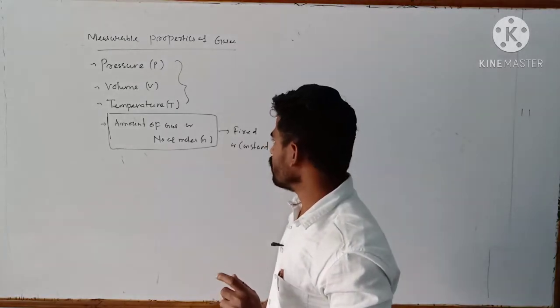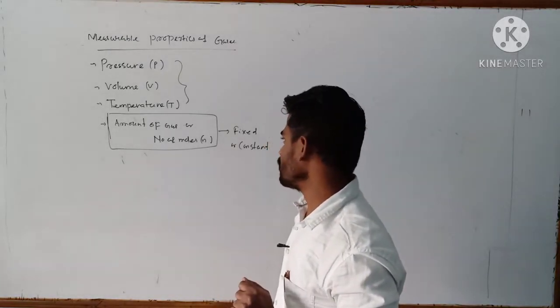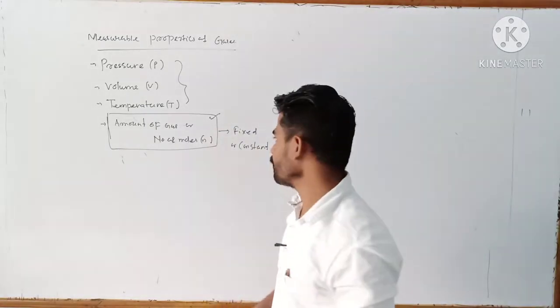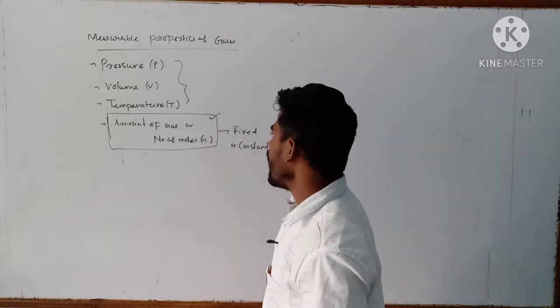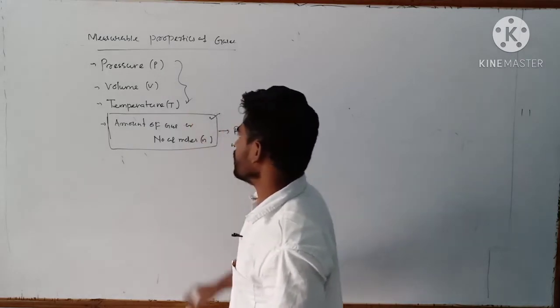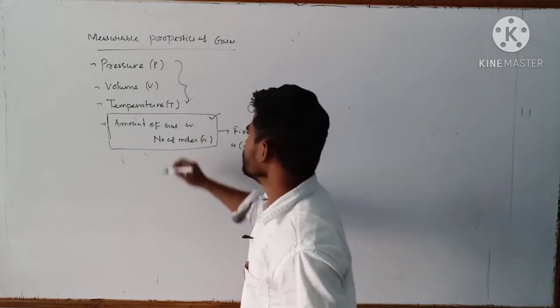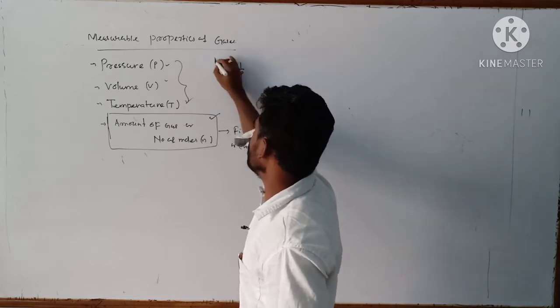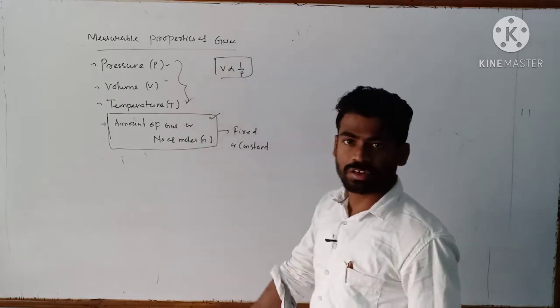So what are the constant quantities in Boyle's law? The amount of gas, for a given mass of gas, is constant, and the temperature is constant. Then the relationship between pressure and volume is that V is inversely proportional to P. That was our Boyle's law.